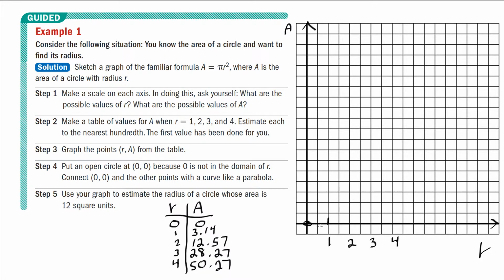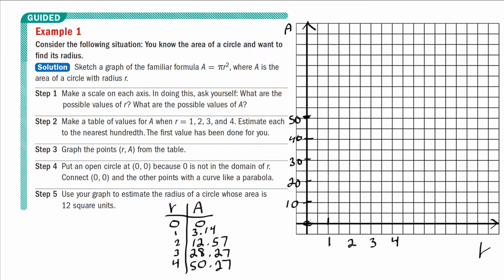And at 1, I'm at 3.14. I need to get to 50, so let's see, if this was 10, 20, 30, no, I'm not going to make it that way. So I think I'll go with 10, 20, 30, 40, 50.